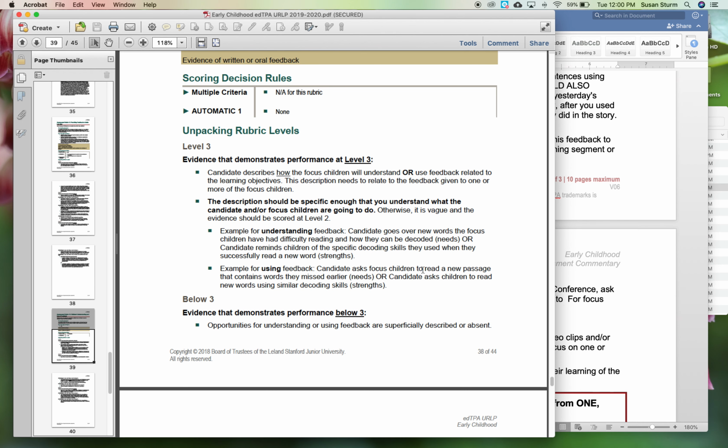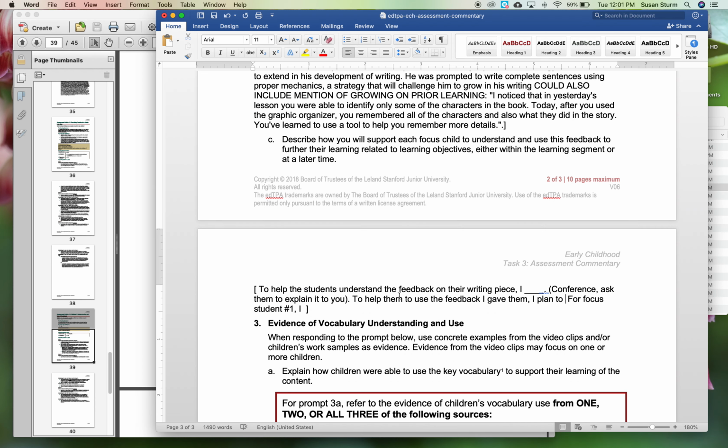Okay. Understand, goes over the new words the focus children have had difficulty reading and how they can be decoded. Okay, so each one of these has to have strengths and needs. So understanding feedback to help your conference with them. We're going to enter down.